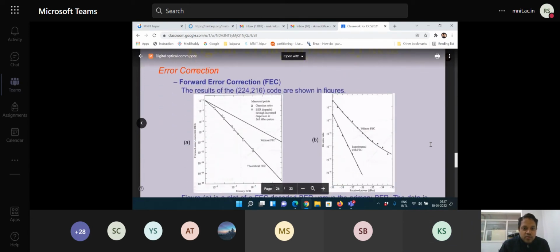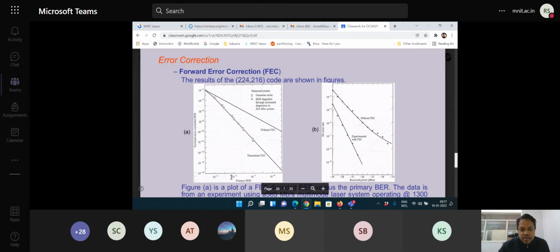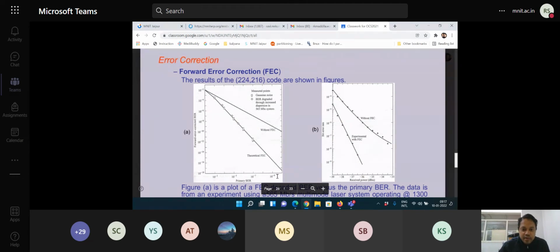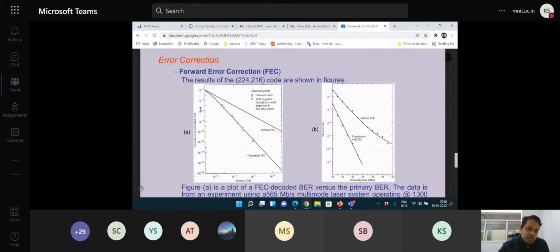So this is what you see. What is the effect of error correction? See, in this figure A, the x-axis indicates the bit error rate, and the y-axis indicates the BER after you introduce forward error correction.